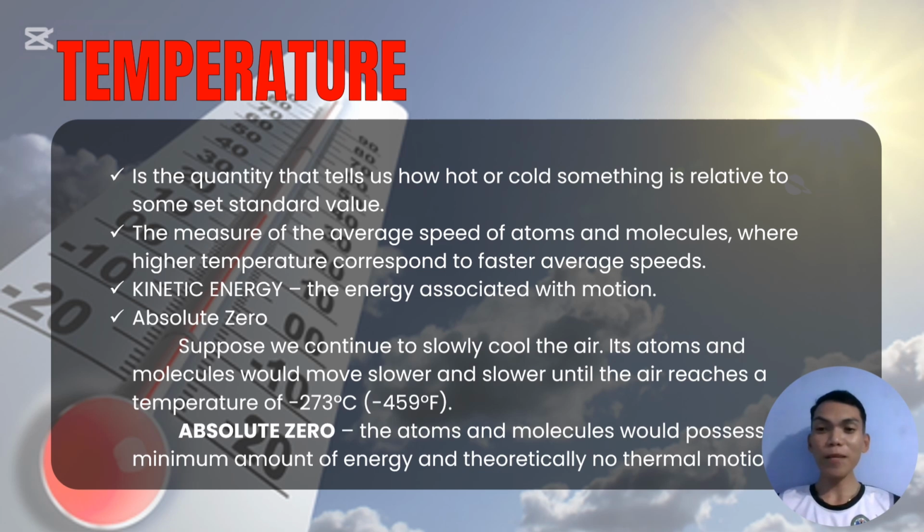So, a higher temperature means faster movement of atoms. And this energy of motion is called the kinetic energy. We also have this term called absolute zero, which is the lowest temperature possible or at negative 273 degrees Celsius. So, at this point, kaunti lamang ang energy ng atoms.